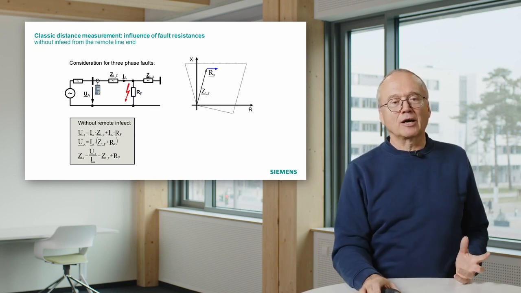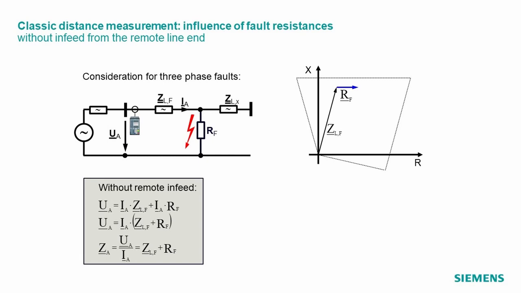We can write down the equations of this circuit. The impedance we can calculate by dividing the voltage by the current is the impedance of this piece of the line between relay and the fault plus the fault resistance.